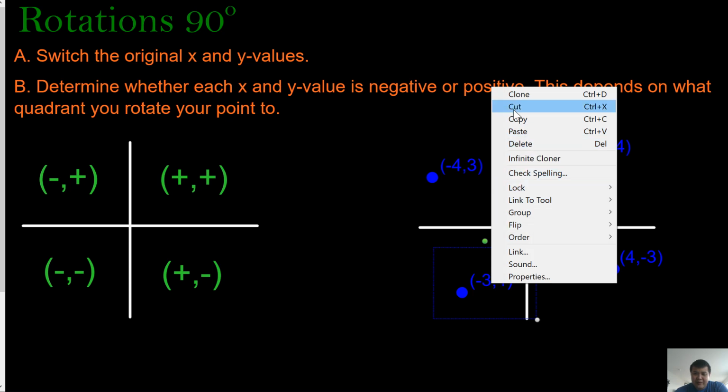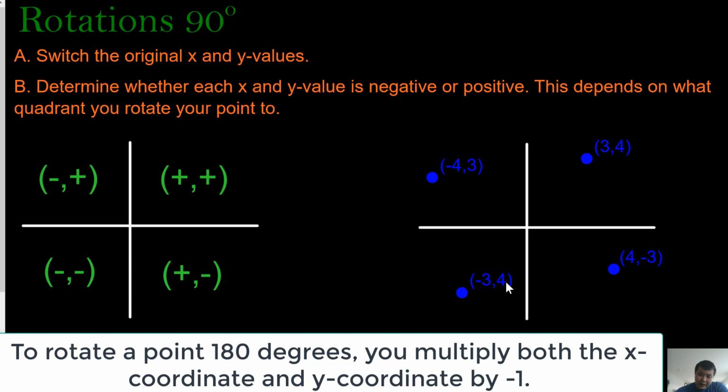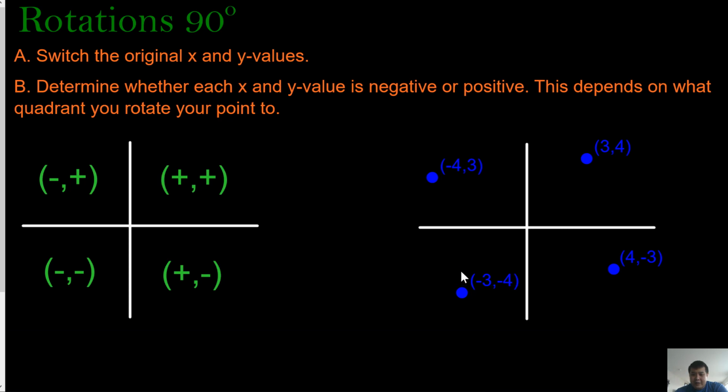Let's fix that and do 3, negative 4. Again, every rotation of 90 degrees requires you to switch the x and the y coordinates, and then figure out which ones are supposed to be negative and which ones are supposed to be positive.